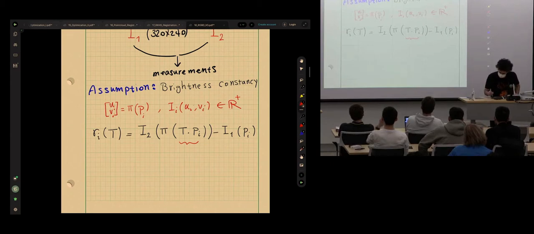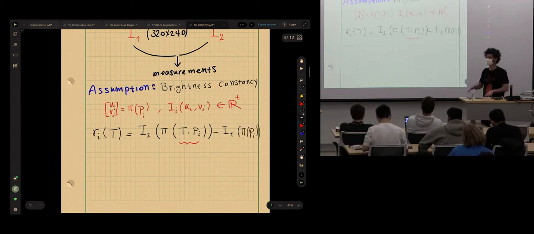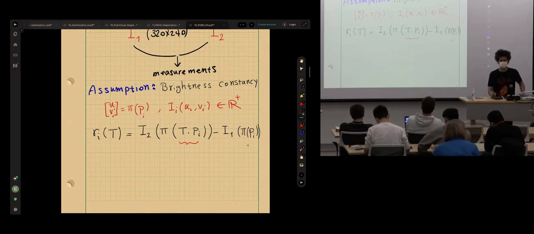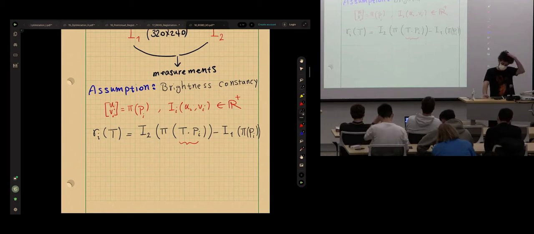I think, strictly speaking, we should write it this way, right? But again, this part is constant because it doesn't depend on the transformation. You just know it. It's a value. It's a scalar value.